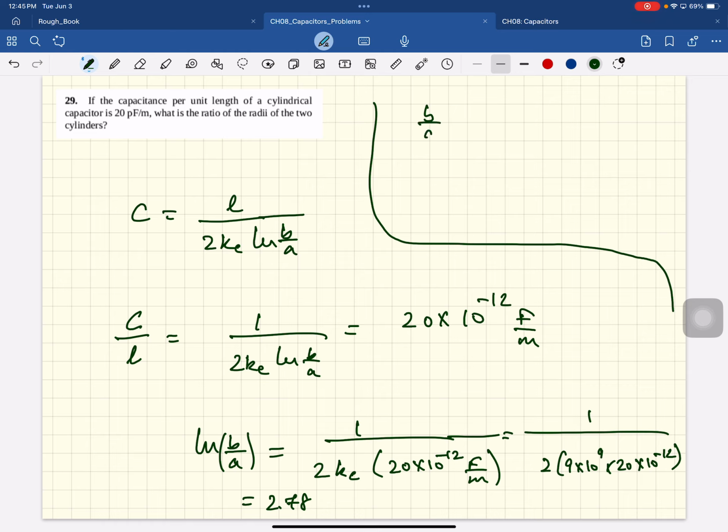So B over A equal to e to the power of 2.78. So the radius of the outer cylinder is 16 times that of the inner cylinder.